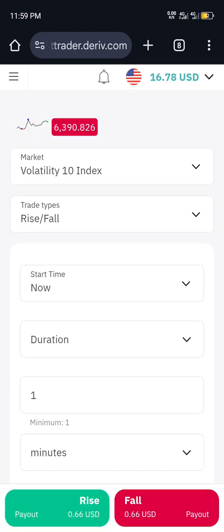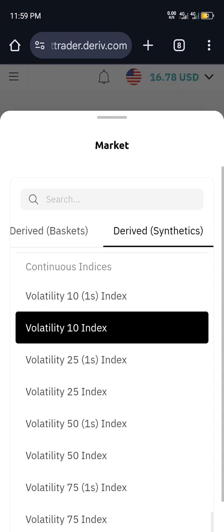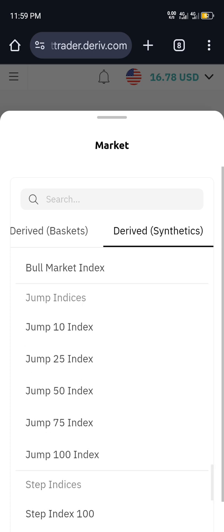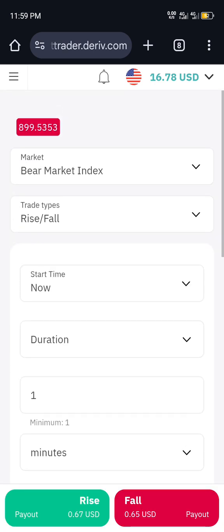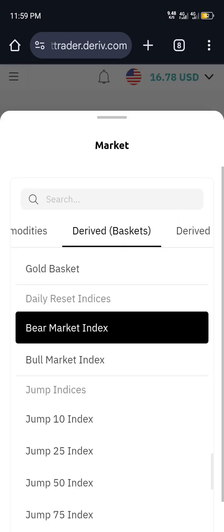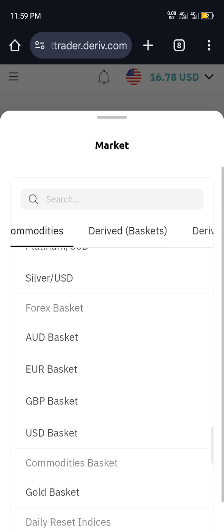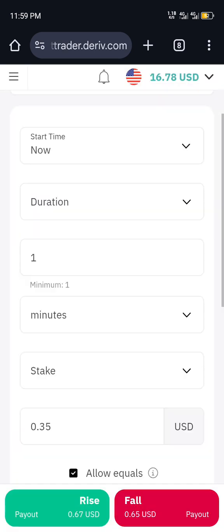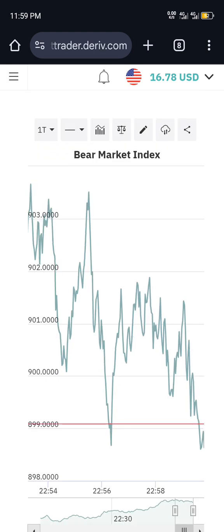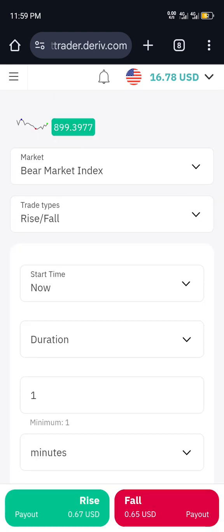We check other markets. Alright, let's see it building gradually.